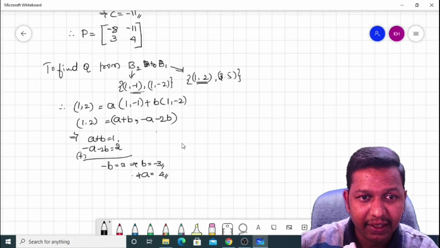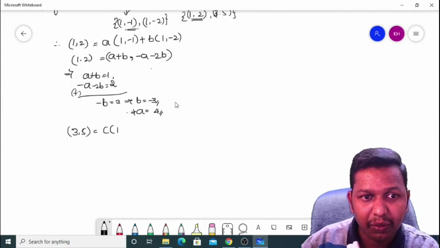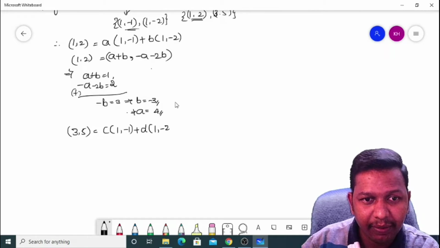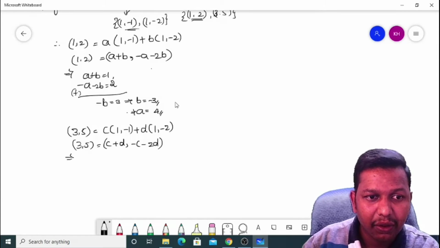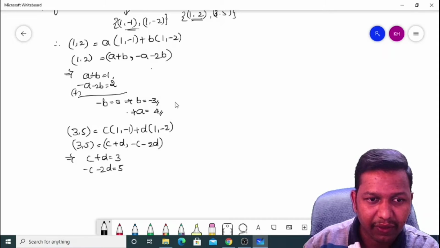Next come to the second element, that is (3, 5) equals C into (1, -1) plus D into (1, -2). (3, 5) is equal to (C plus D, -C minus 2D). So, comparing the coordinates, we have C plus D is equal to 3 and -C minus 2D is equal to 5.